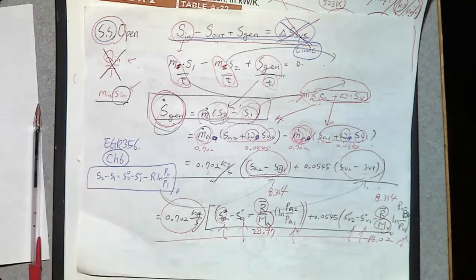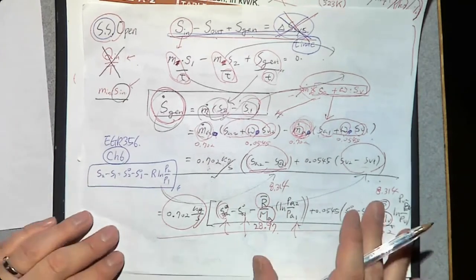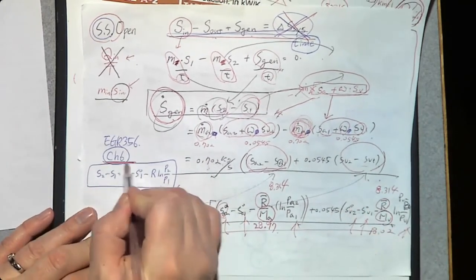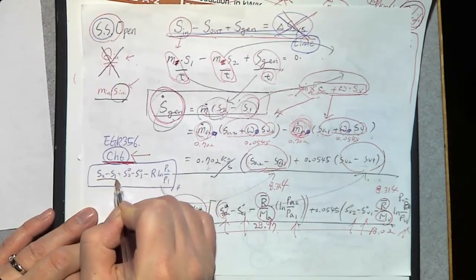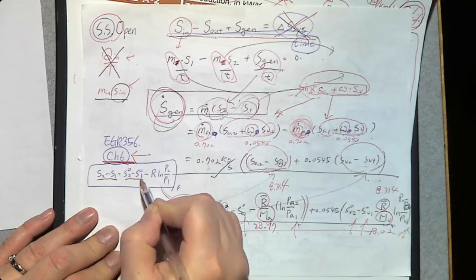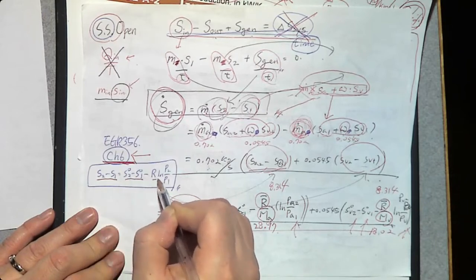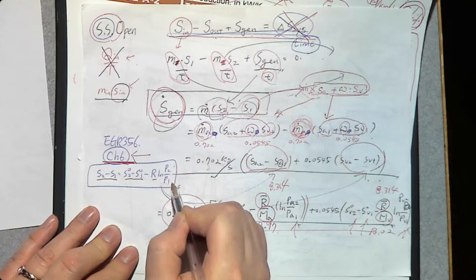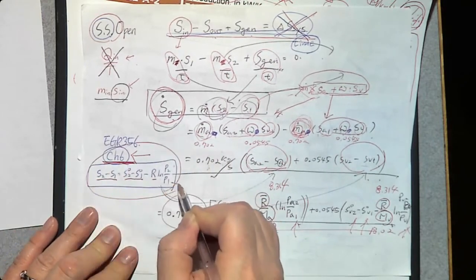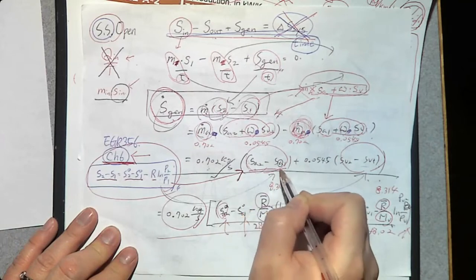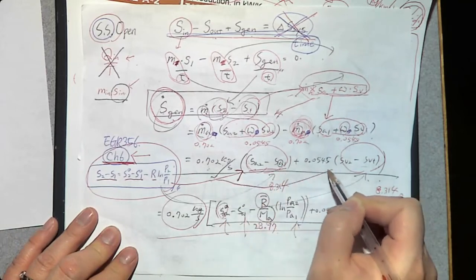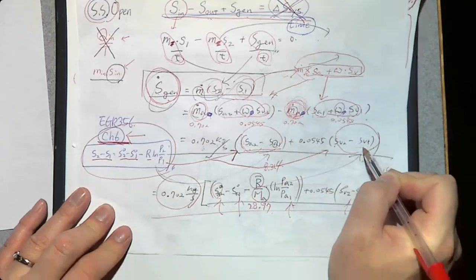And we can use the entropy equation that we studied in EGR456 in chapter 6. The equation is S2 minus S1 equals S degree 2 minus S degree 1 minus R natural log P2 over P1. So we can use this term to solve SA2 minus SA1, and SV2 minus SV1.